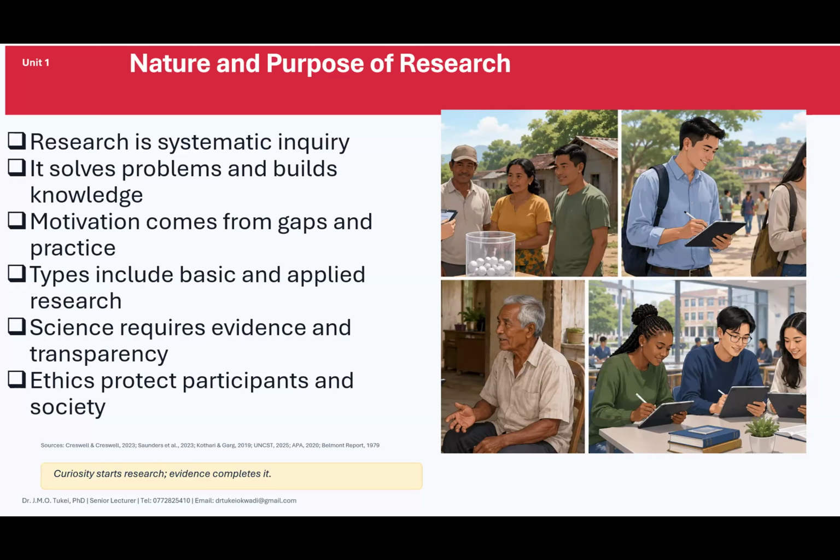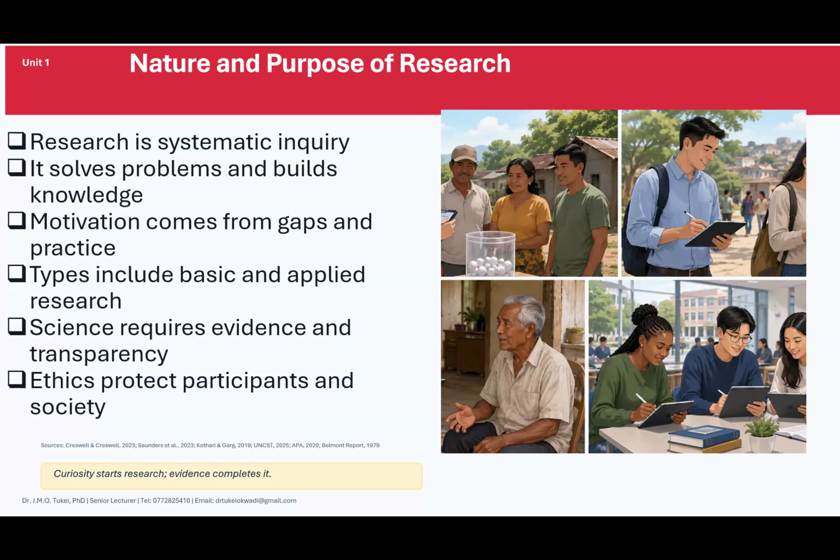Again, research may be basic when it extends knowledge and theory, or applied when it addresses a practical challenge. Colleagues, it may also be descriptive, explanatory, exploratory, or evaluative. You can mention it depending on what kind of books you read.